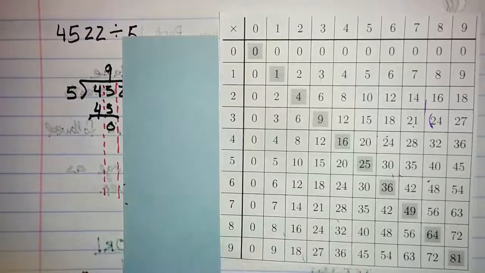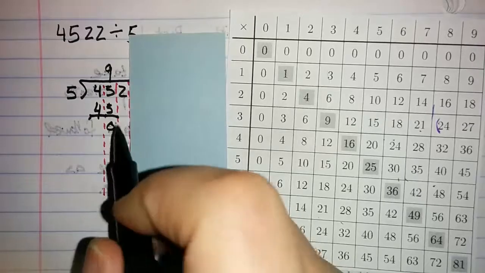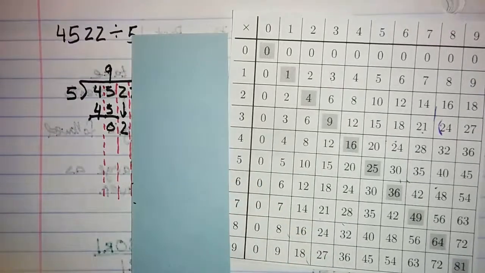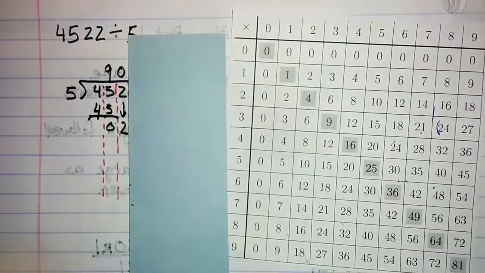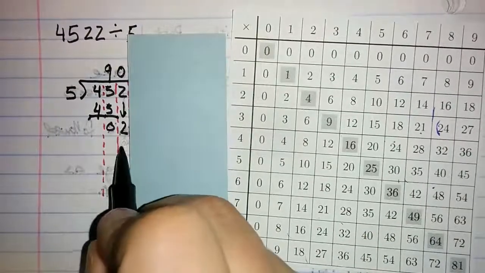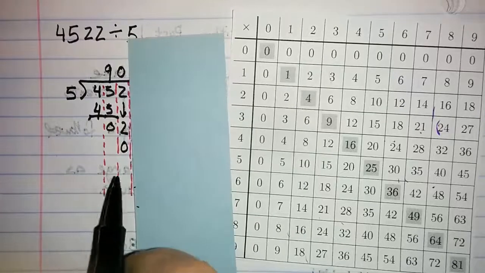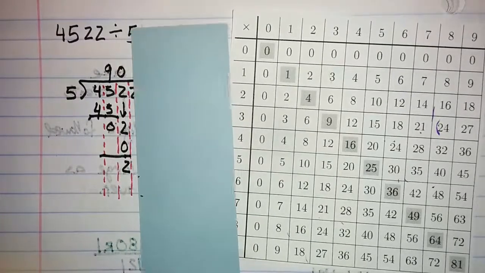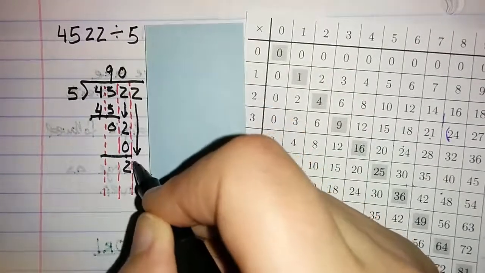Am I done with this problem? No, I still have lots more digits. I'll bring down the 2. 5 goes into 2, if I have 2 things, I can't make any groups of 5. 5 goes into 2 0 times, and 0 times 5 is 0. Now I subtract. 2 minus 0 is still 2. And I bring down this other digit.